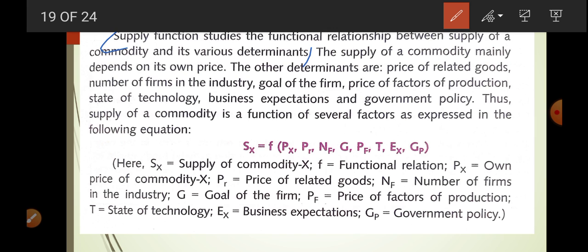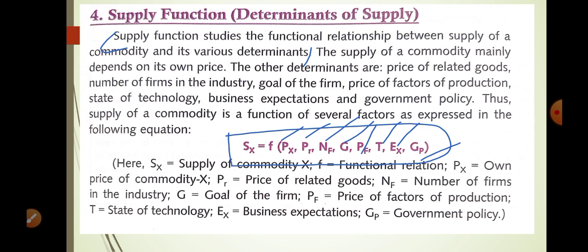These are the factors: price of x good, price of related good, number of firms, goal of the firm, price of factors, state of technology, expected change in business expectation, and government policy. We are going to understand all these one by one.